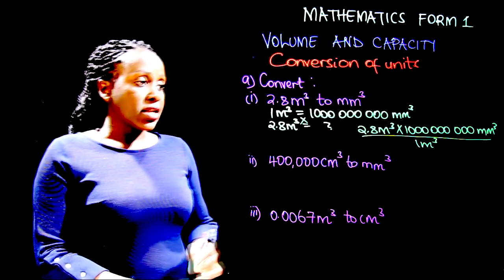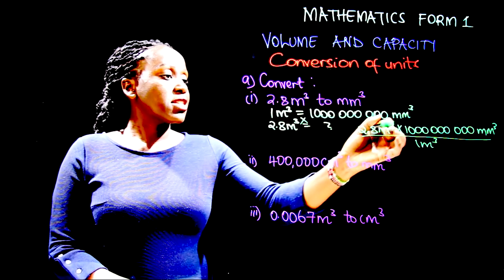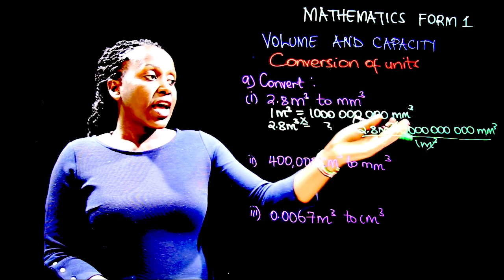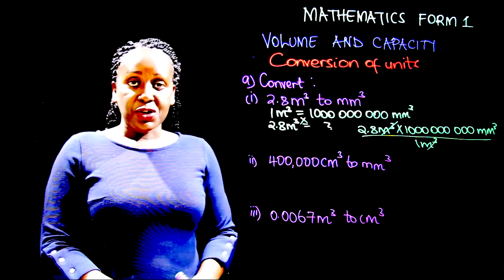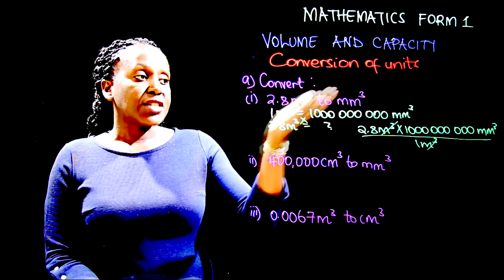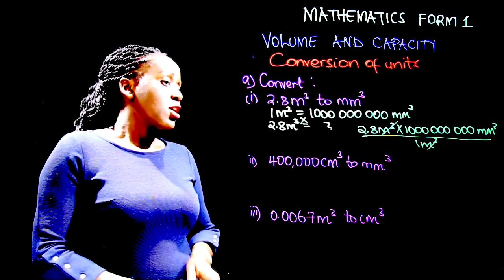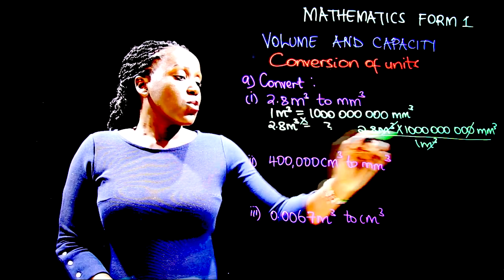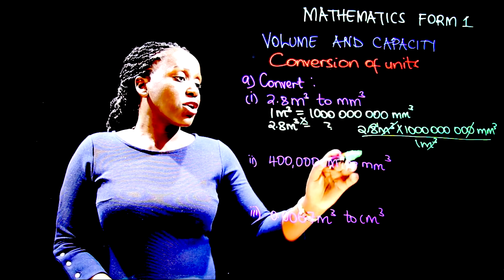At this point, you will realize that the meters cubed will cancel out, and the answer that you will get will be in millimeters cubed, which makes a lot of sense because you were supposed to convert meters cubed to millimeters cubed. So 2.8 times 1 billion, the decimal point will move forward.